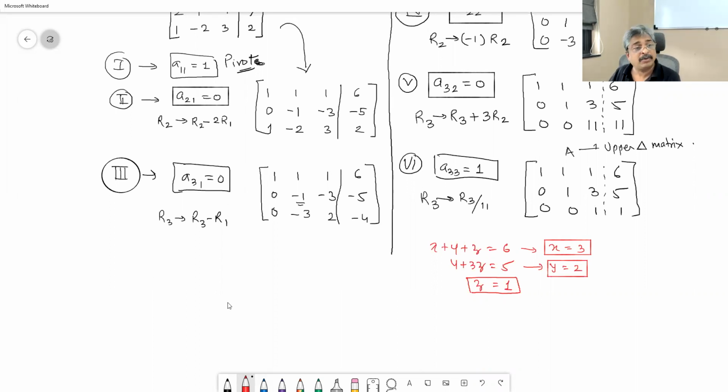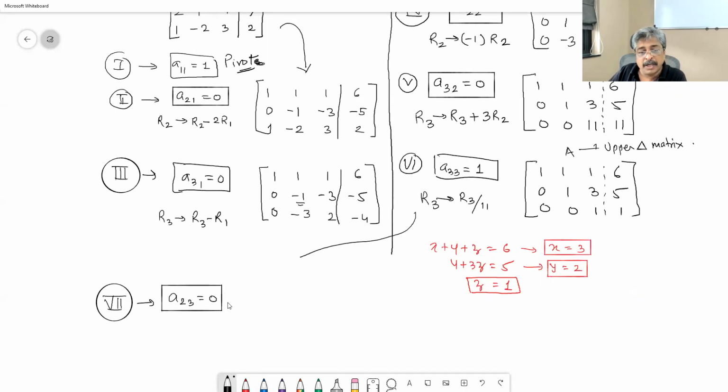Or if you really want to get the complete algorithm in place, step number 7 is to make A23 equal to 0. From here, if I want to make this entry 0, then I should do R2 equal to R2 minus 3 times R3.